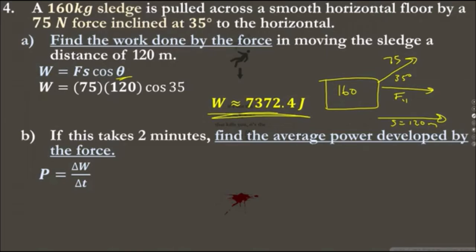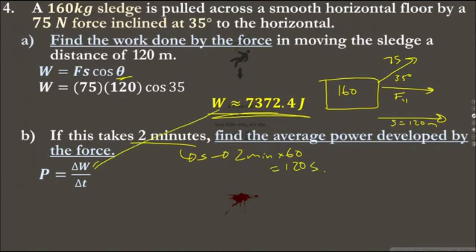All right, next question is, if this takes 2 minutes, find the average power delivered by the force. 2 minutes needs to be converted into seconds, so that would be 2 minutes times 60, so 120 seconds.